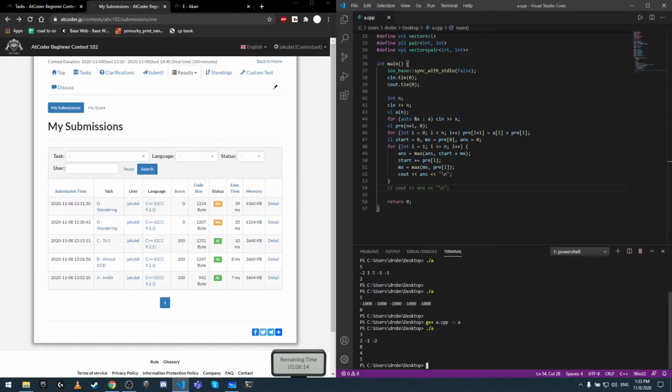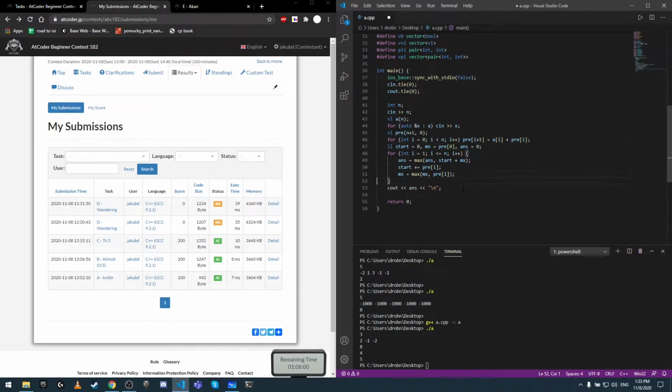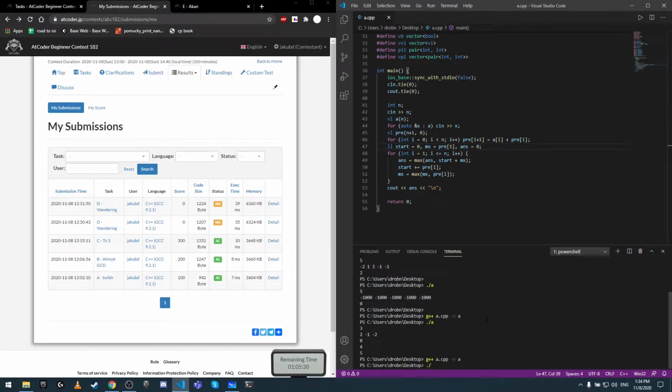You see, we skip something. So I think what we should do, because it will remain, is max of prefix i and, right, so we should just do this. I think this should work.